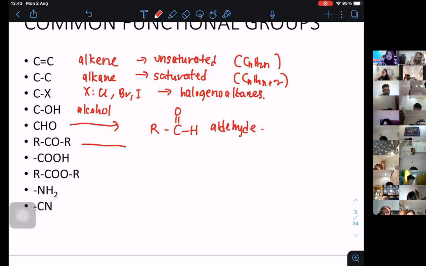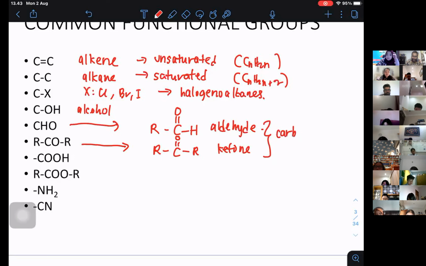If you have something like this, R, C double bond O, another R, what is R? It's going to be CH3, C2H5, and so on. So this is going to be known as ketone. And both of them are related because they come under carbonyl compound.